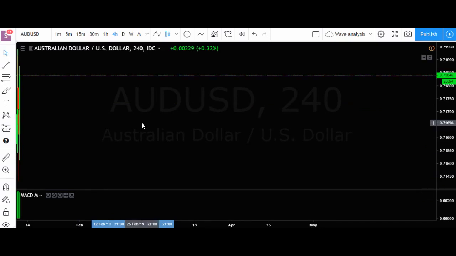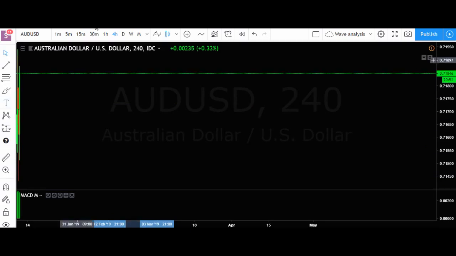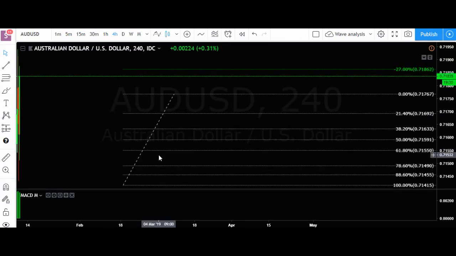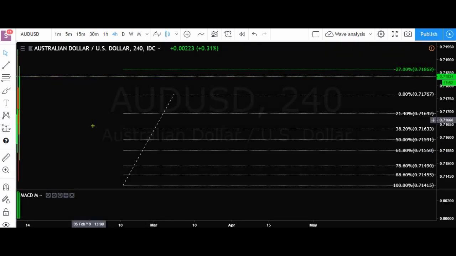So basically, let's just get our drawing tool out here as well. Let's say, for instance, you get this impulse move up, and what will normally happen is that the market will correct to one of these levels over here.